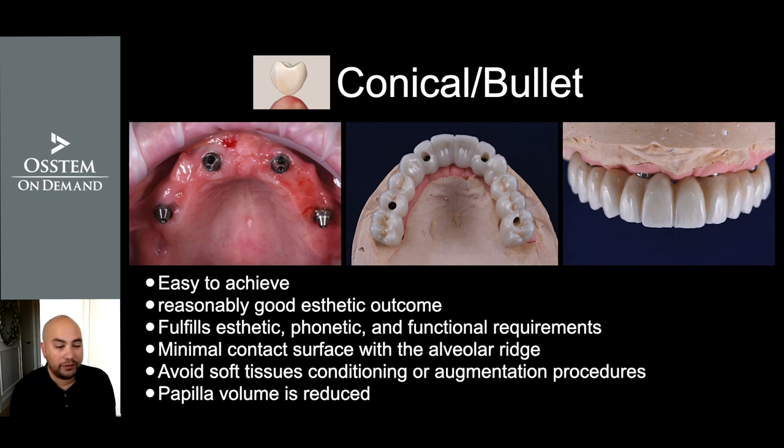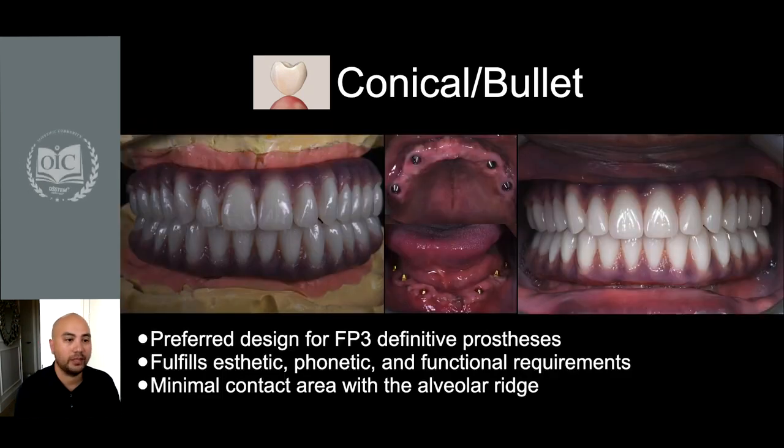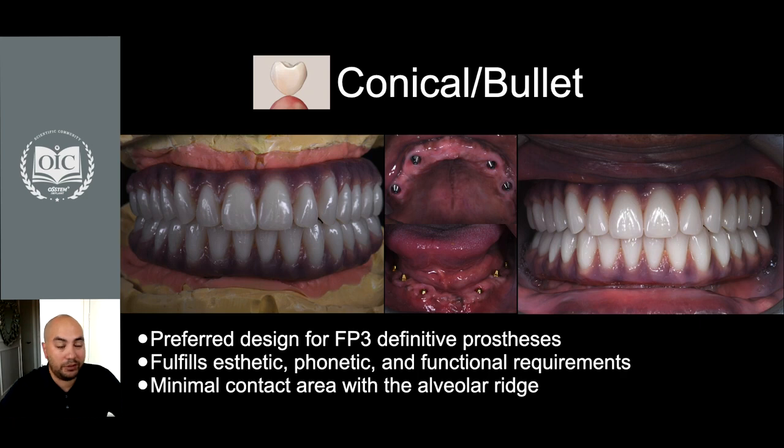We avoid soft tissue conditioning or augmentation procedures. The papilla volume is, in this case, reduced. We have a conical bullet option for FP3, which is the preferred design, and it fulfills aesthetic, phonetic, and functional requirements, and there's a minimal contact area with the alveolar ridge.